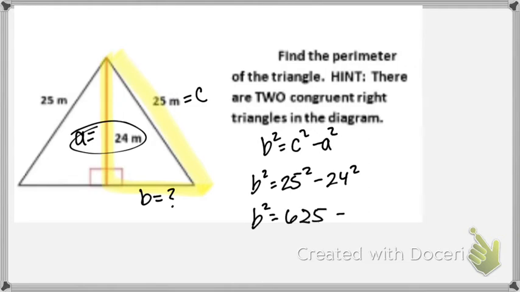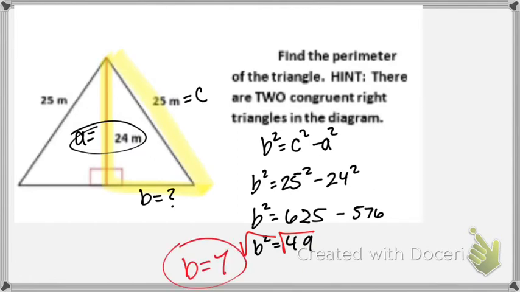You don't want to waste time if you don't have to. I'm going to subtract 625 minus 576 to get 49. So B squared is equal to 49. Hopefully by now we know that the square root of 49 is 7, which is what we're going to do next. And so B is equal to 7. In this case, it's going to be 7 millimeters.